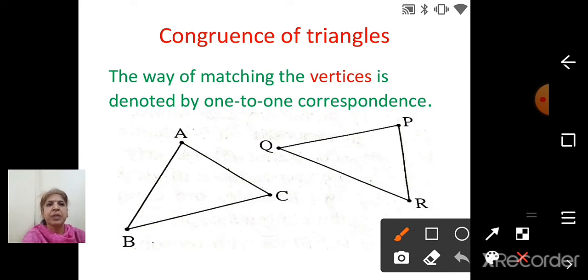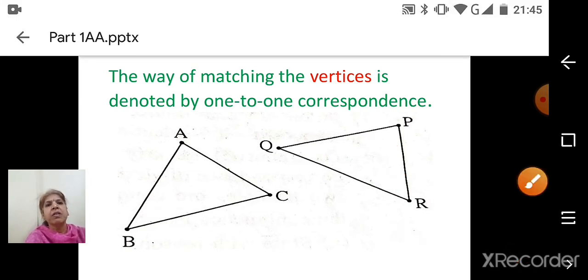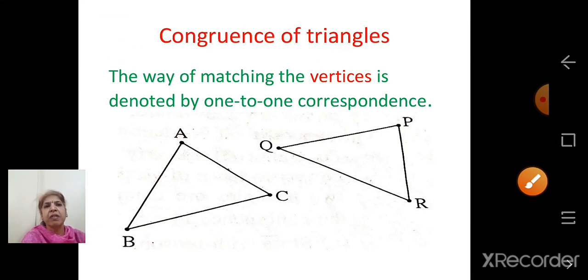For example, vertex A is corresponding with P. Vertex B is corresponding with Q. So you have to give the identical marking. And vertex C is corresponding with R. So we have to understand, for congruency of triangles, we have to see their vertices also.